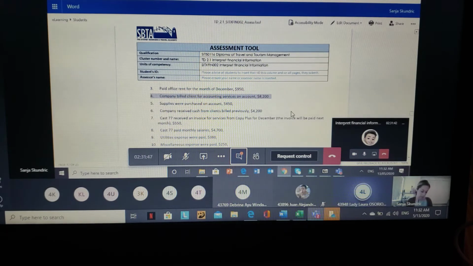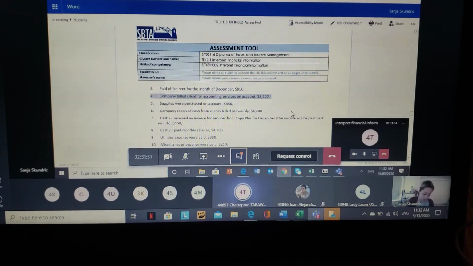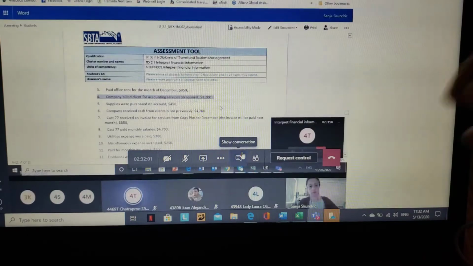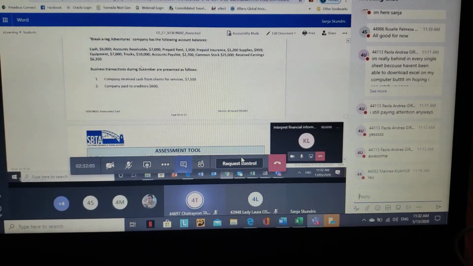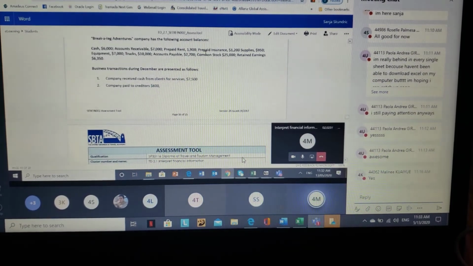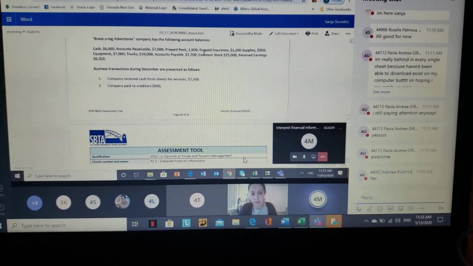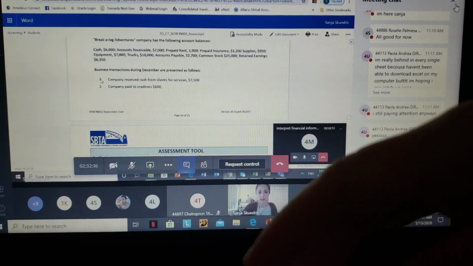I have the same as Alejandro. Can anyone just show me the scheme, like what to remove or what to leave on? I'm just so confused now. So leave all of these ones as they are. This one we said leave.